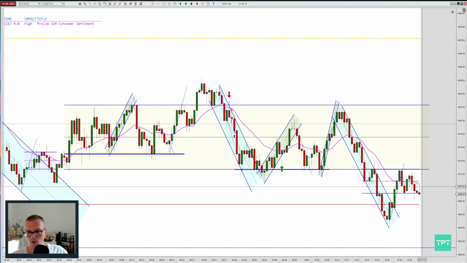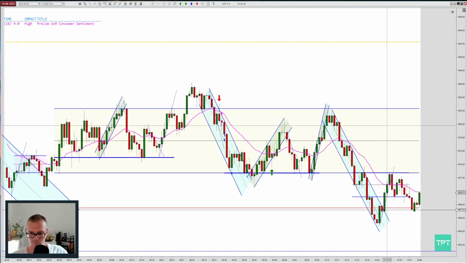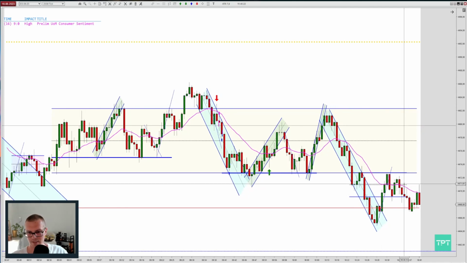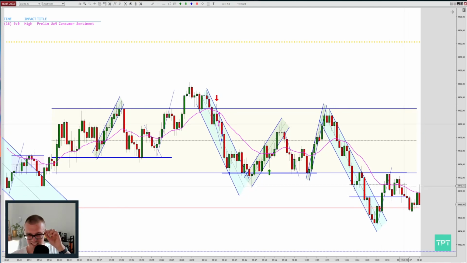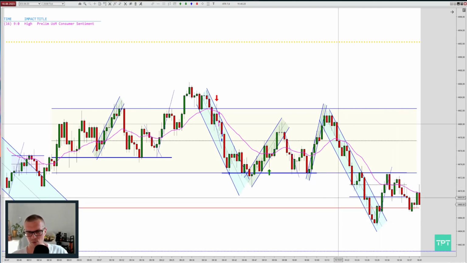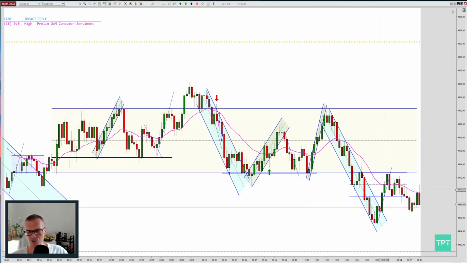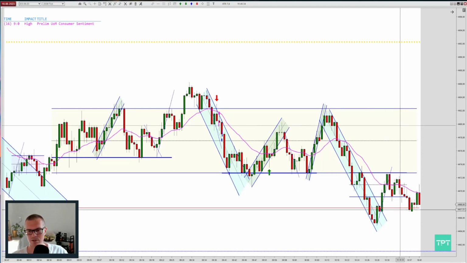I don't feel confident in taking this here, even though we are expecting a retest of the low. But we're still playing the range mode. So if you consider this, I think it's risky, and I would like to see stronger pushes lower before taking shorts here.